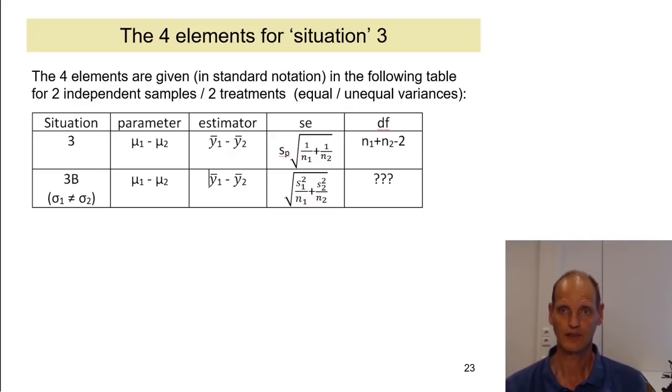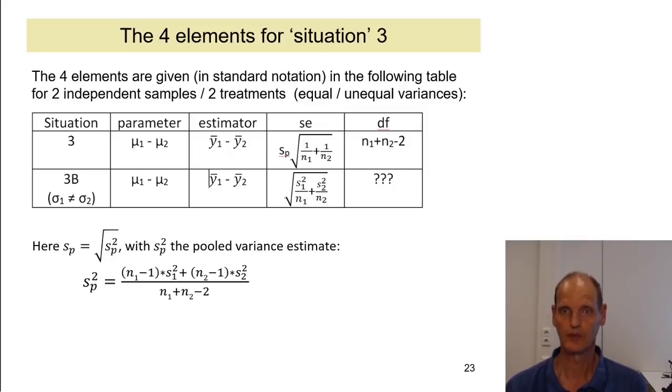The standard error, and this is explained well in the book, and we will just mention it here briefly how to use it. The standard error is the standard deviation times the square root of 1 over n1 plus 1 over n2, and the standard deviation SP is the standard deviation that is estimated based on S1 and S2, as we will see.